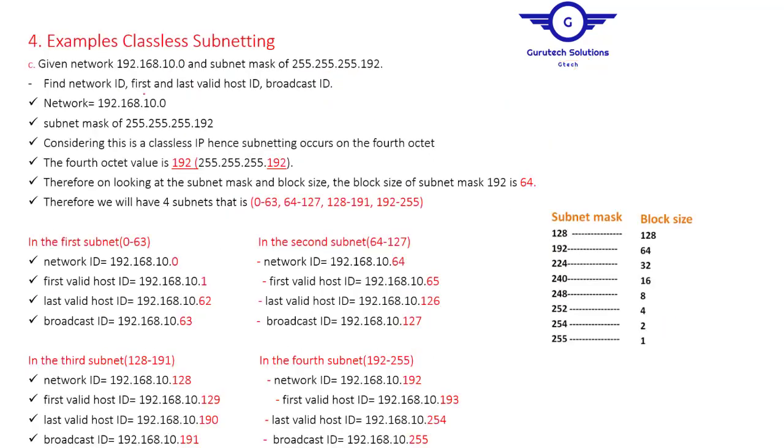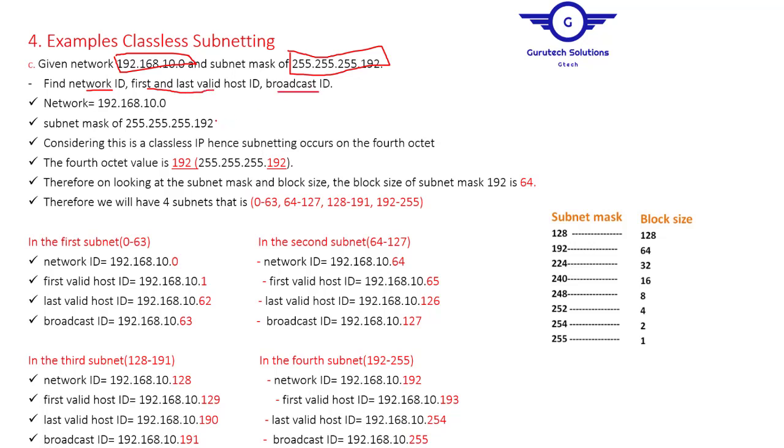So in the second case, although this is a class C IP address, the subnet mask is not a class C subnet mask. So this is classless subnetting. Now we need to calculate the network ID, first and last valid host ID, and finally the broadcast ID.